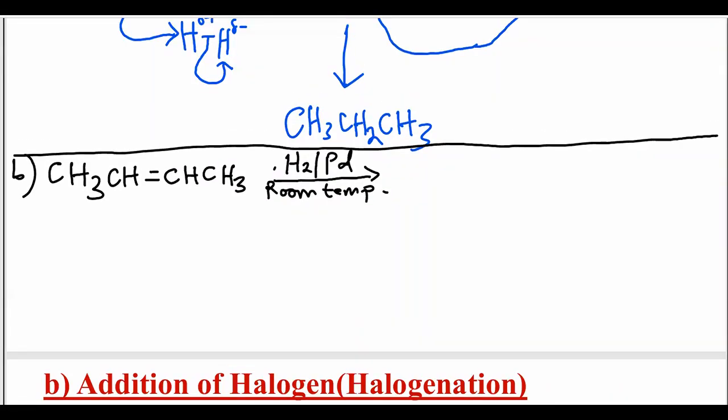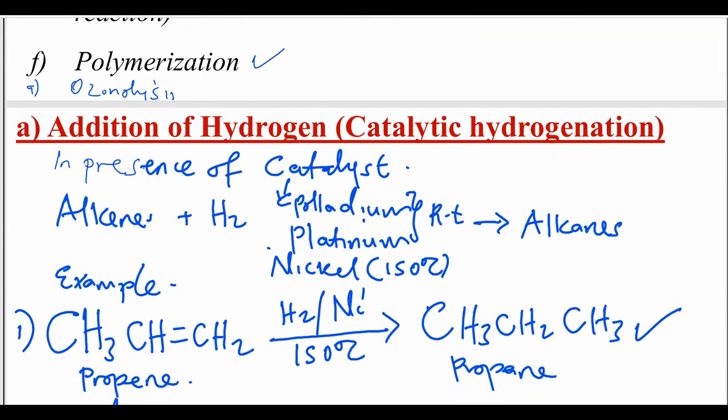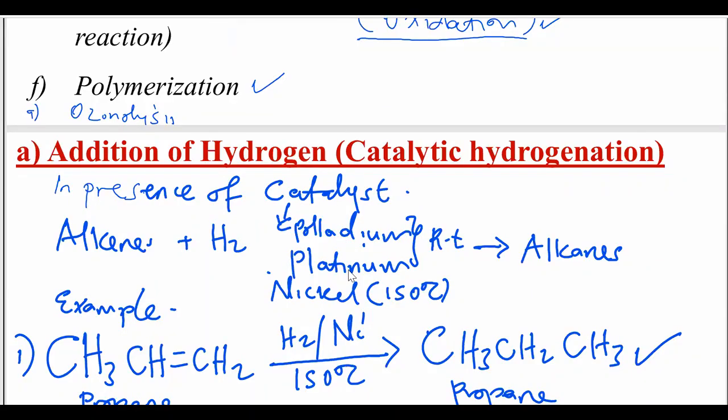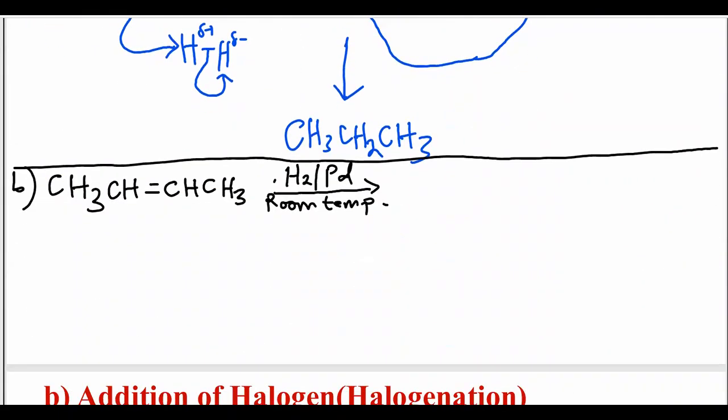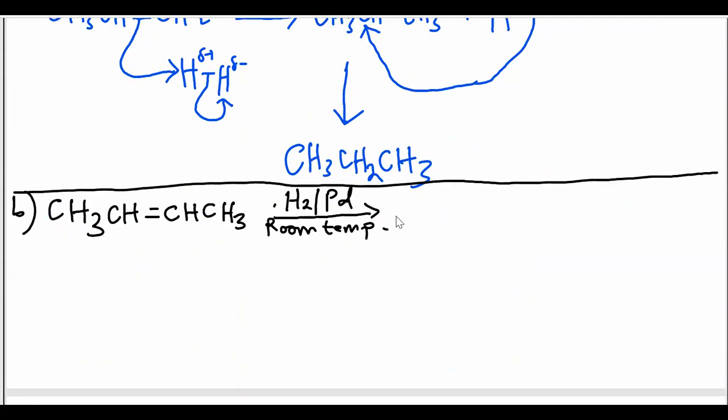But you don't forget that we have talked about this here, that for palladium and platinum, they use room temperature, while for nickel, it is at 150 degrees Celsius. Have you seen? Yes. So the first example was for nickel catalyst, and now we are using palladium as our catalyst.